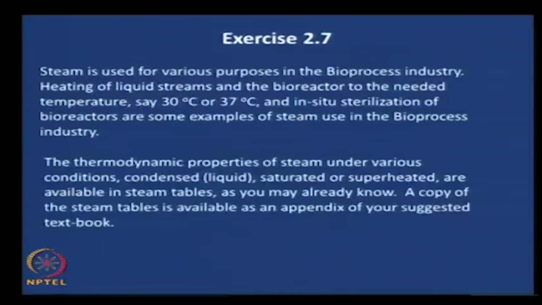Why don't you take about 5 minutes to familiarize yourself with these steam tables. Go ahead, please go to the appendix and take a look at these two tables, the saturated tables and the superheated tables of steam.